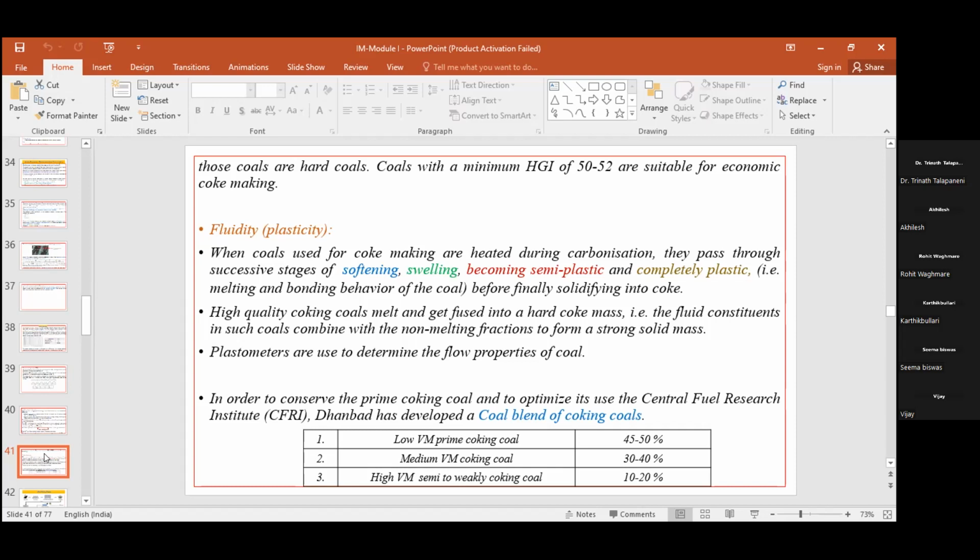So any coals which undergo this kind of behavior are called metallurgical coals, and the coke prepared from these metallurgical coals is called metallurgical coke. So we also test the plasticity of the coals by using plastometers.